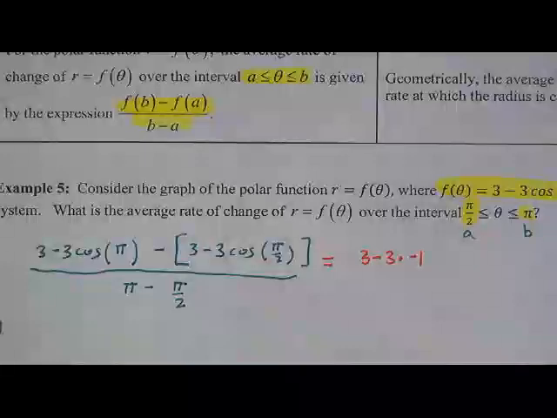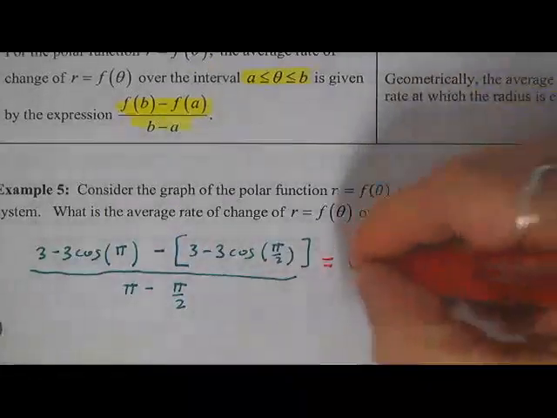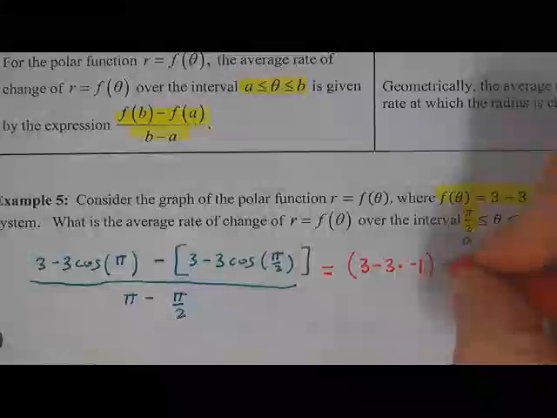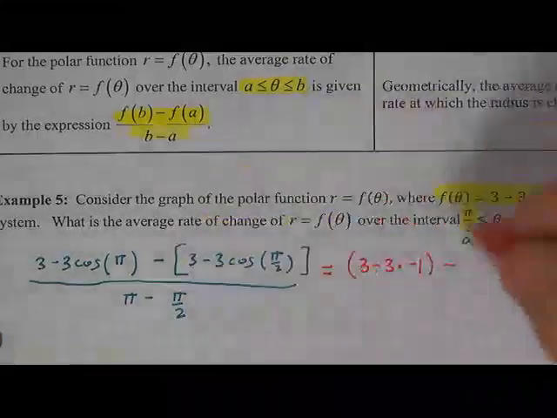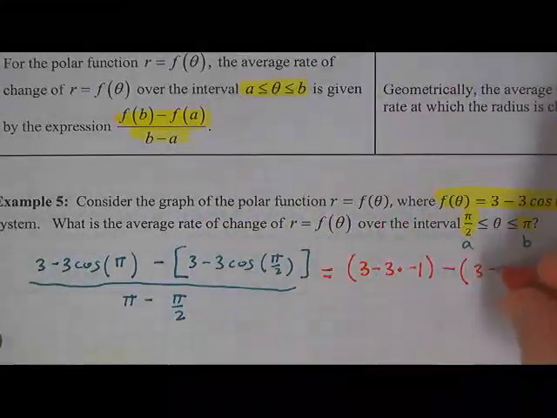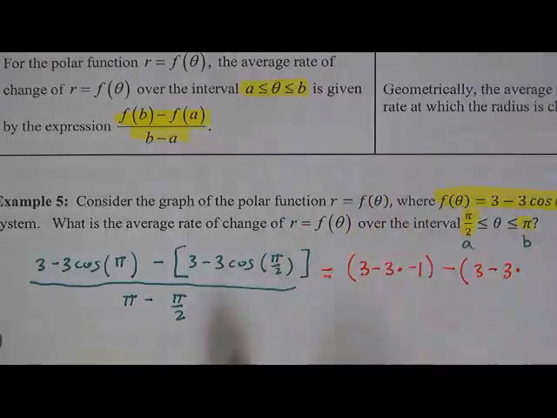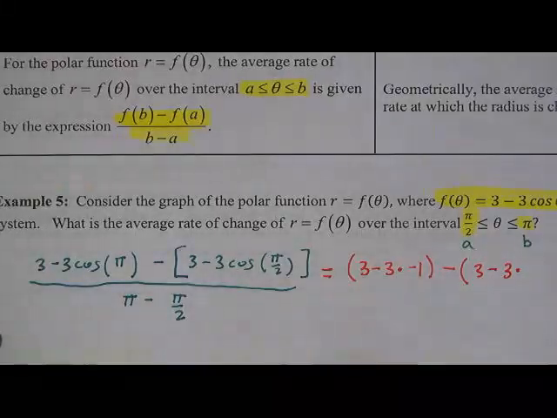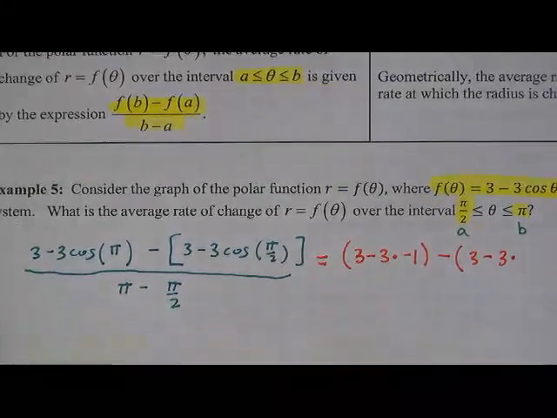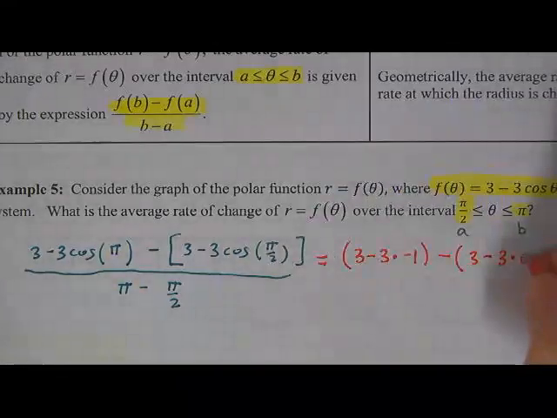Very good. Now we'll come back to that. Minus 3 minus 3 times whatever cosine of pi over 2 is. So I want you to imagine a unit circle. Go to pi over 2. What is cosine of pi over 2? Very good. 0.